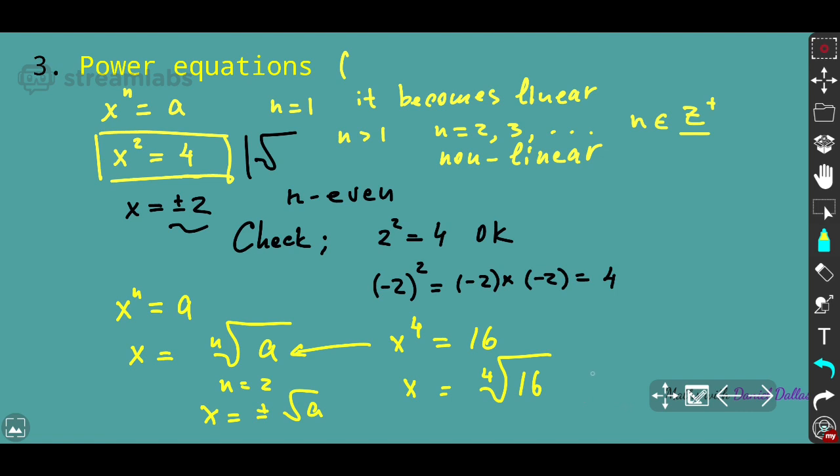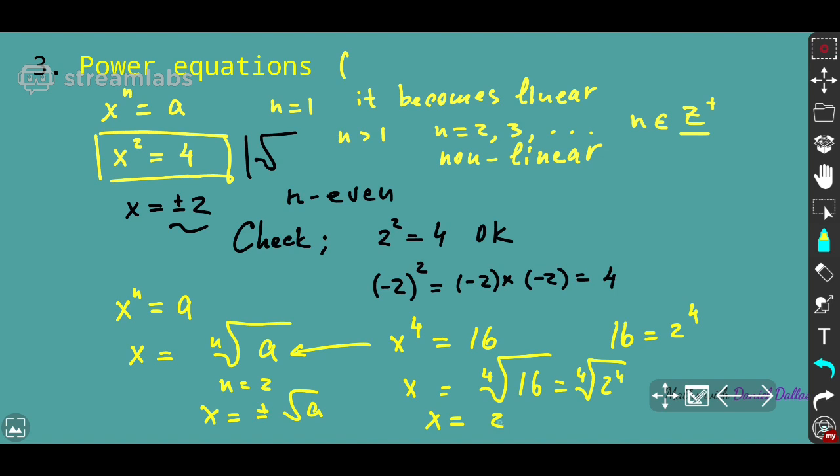You remember that 16 is simply 2 to the power of 4. Like 2 times 2 times 2 is 8, and times 2, you'll get 16. So you've taken the fourth root of 16, and that's the same as taking the fourth root of 2 to the power of 4. It means that finally you'll get x equals 2.